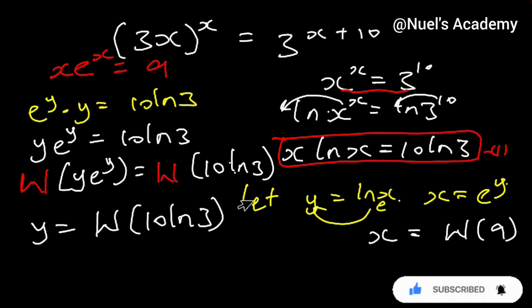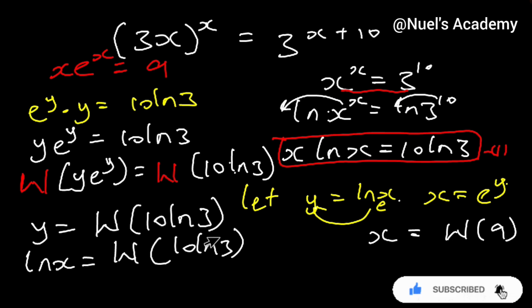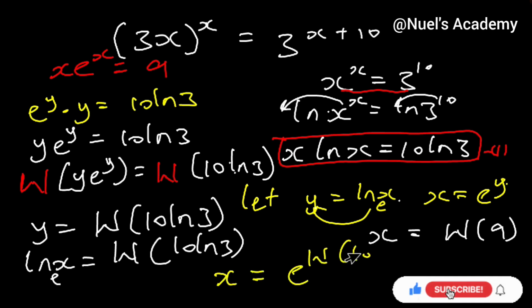So let's substitute back y equals ln x into this equation. We are going to replace y with ln x. So we're going to have ln x is equal to W(10 ln 3). And as we know, e is the base of this natural logarithm, so our x is now going to be equal to e^(W(10 ln 3)).